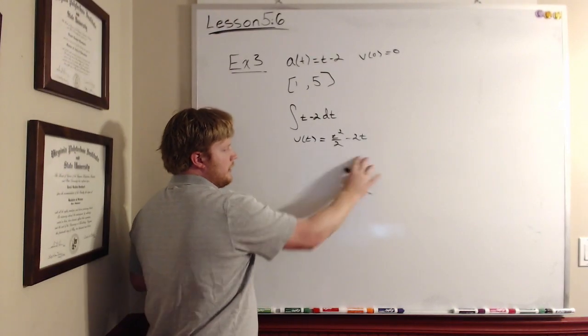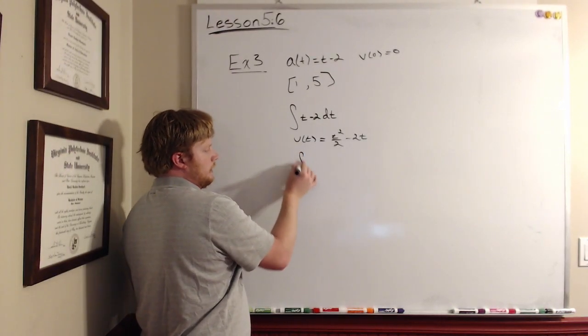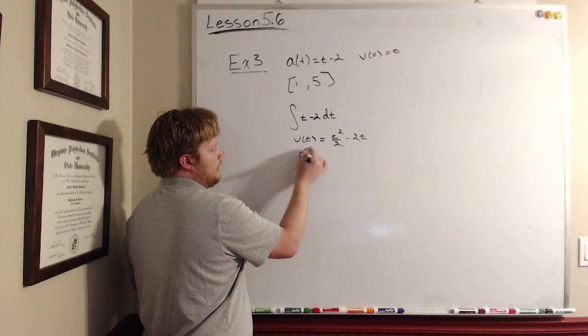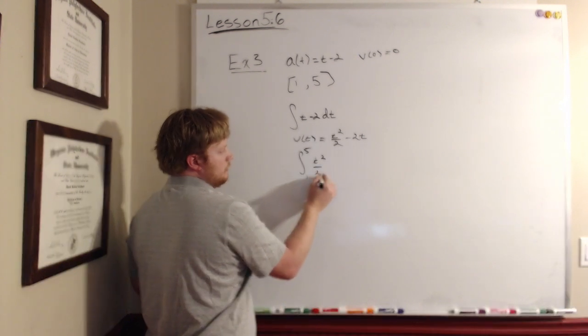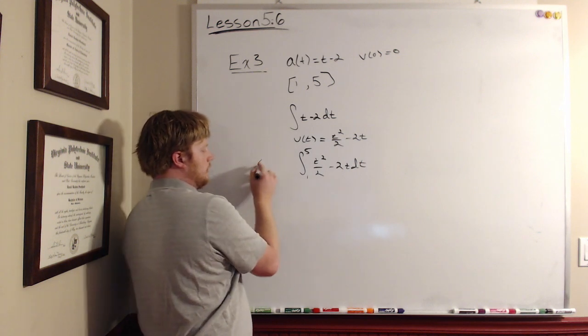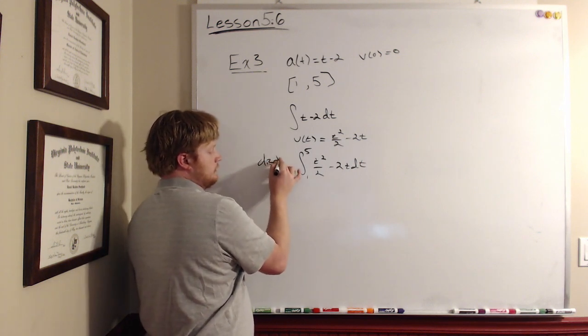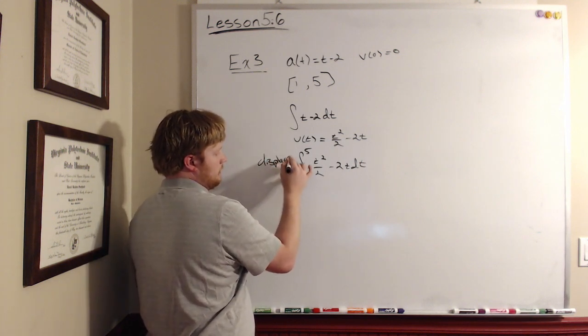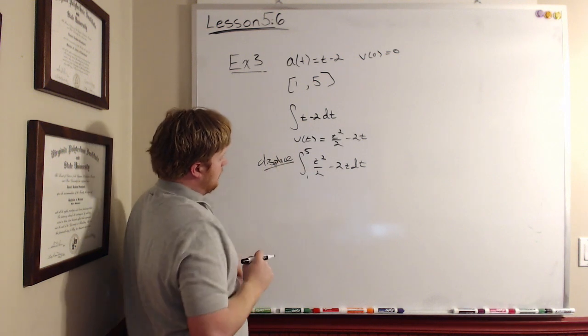All right. So if that's my velocity, now I can integrate from 1 to 5 of t squared over 2 minus 2t dt to find my displacement.